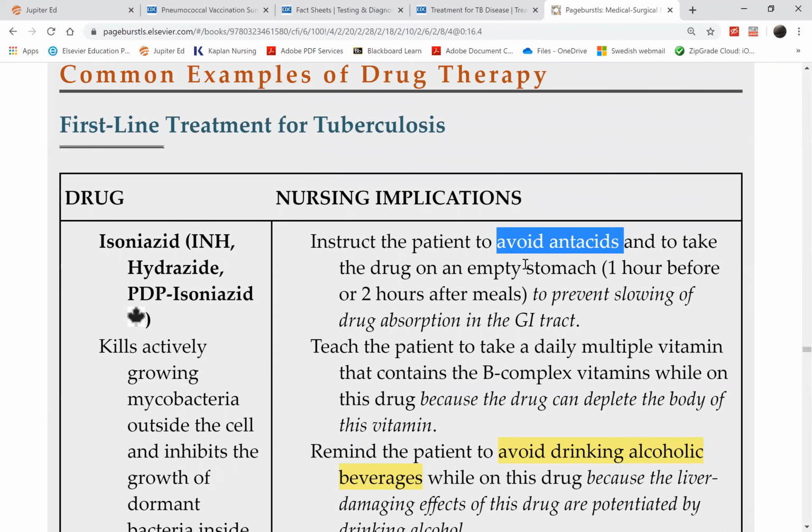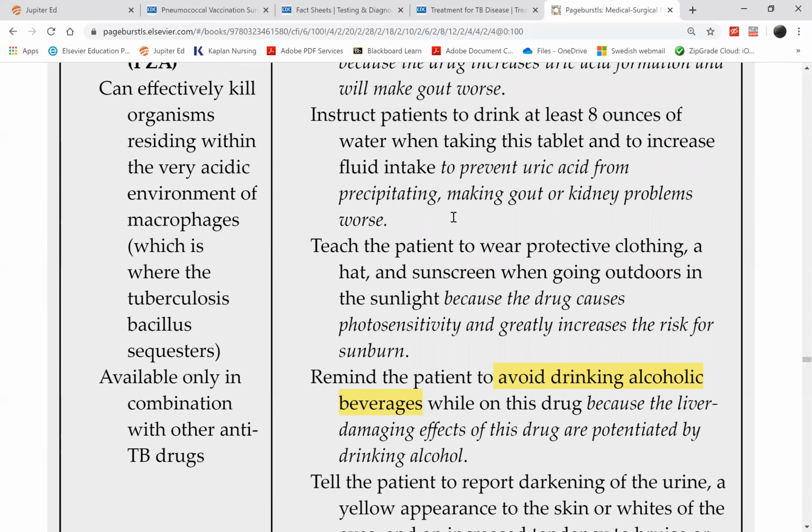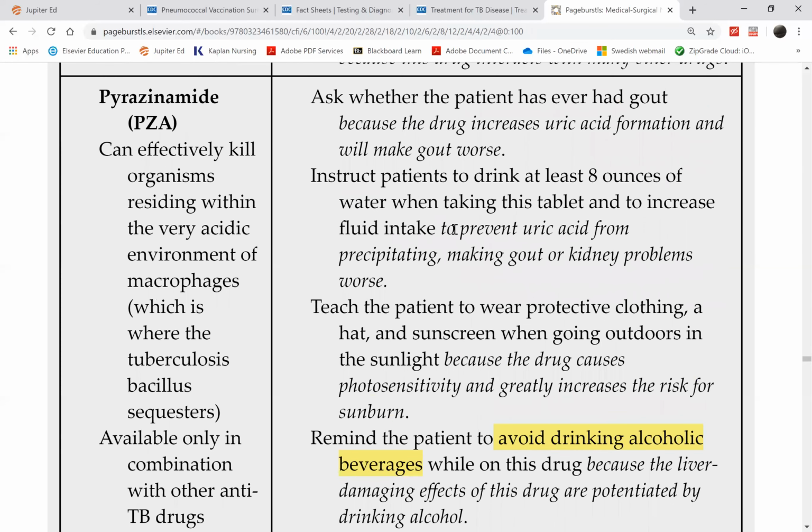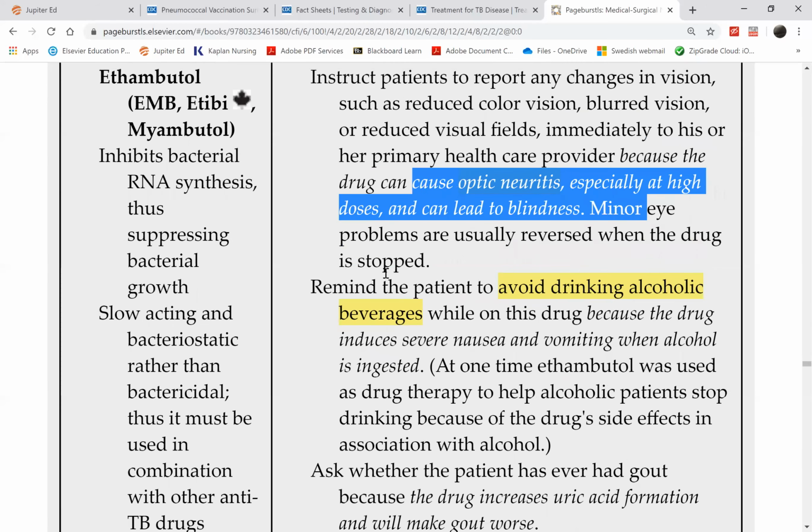So that's for Rifampin. Then for PZA, this one causes uric acid buildup, so you're supposed to drink a lot of water while taking that tablet. And then ethambutol, this one causes optic neuritis. And there's a little bit of difference here.